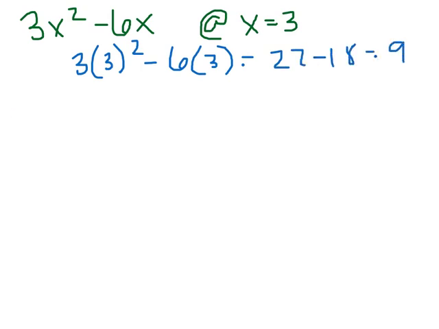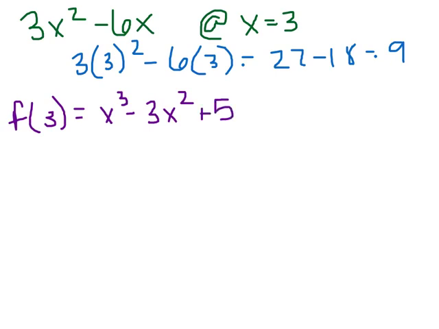Now we need to figure out what the function equals at the point 3. Our function was x cubed minus 3x squared, and then I think it was a plus 5. I'm so sorry, I'm trying to look at a small little thingy here. So we will plug in 3 for all of those.